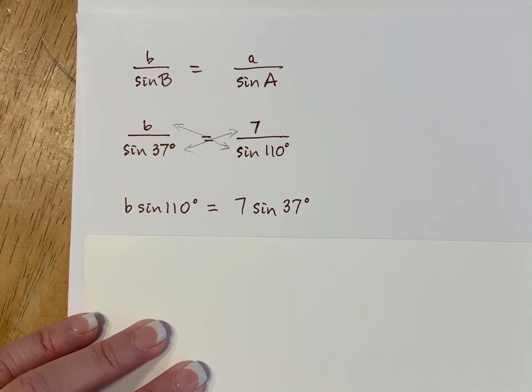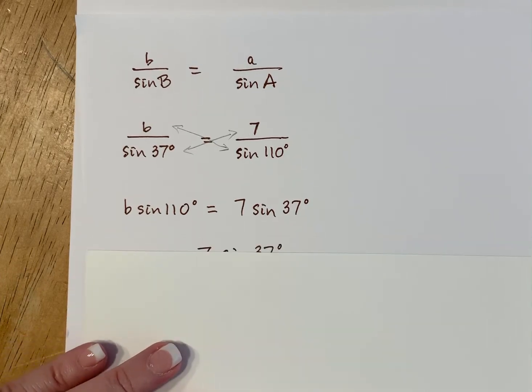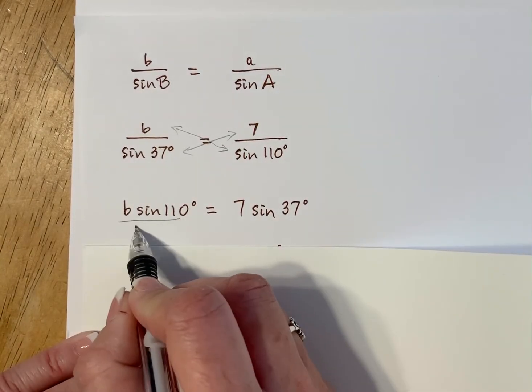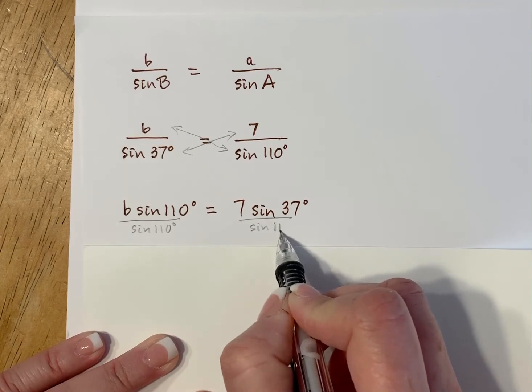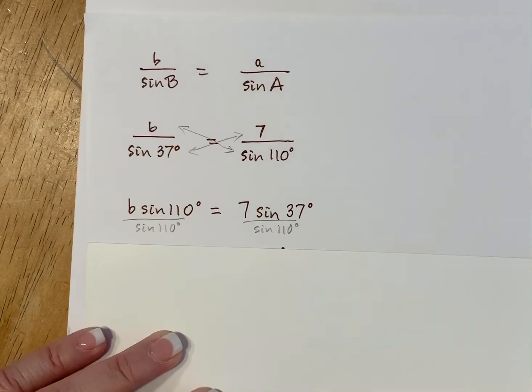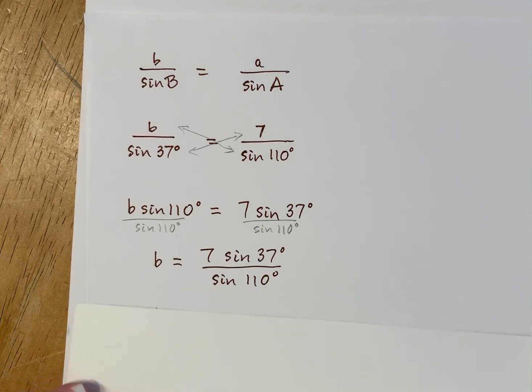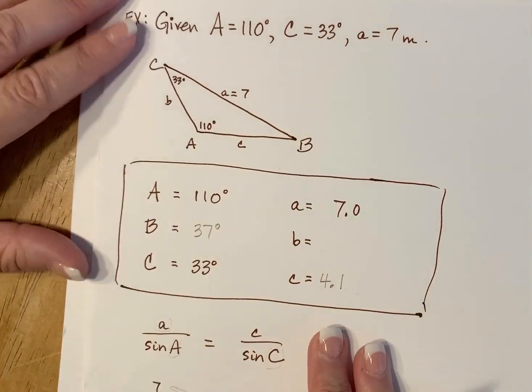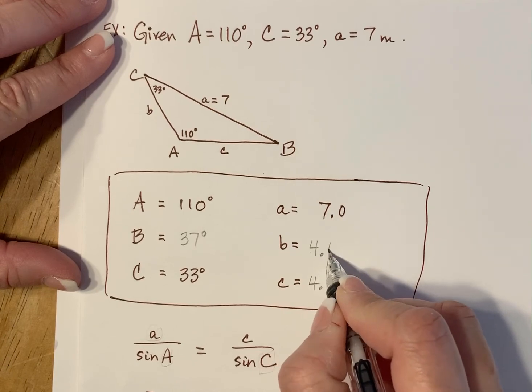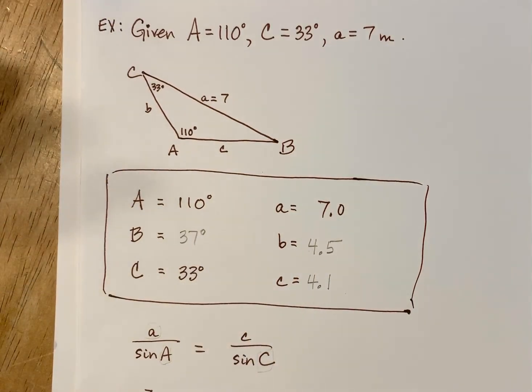So b times sine of 110 degrees is equal to 7 times the sine of 37 degrees. And then you can divide both sides by the sine of 110 degrees to solve for b. And b is approximately 4.5, rounded to the nearest tenth. And then that is the last thing that we had to find. So let's go back here. Remember, solving a triangle means to find all the missing measurements.